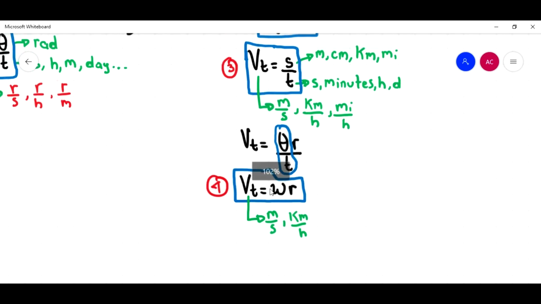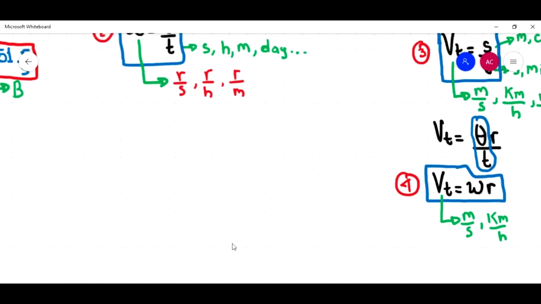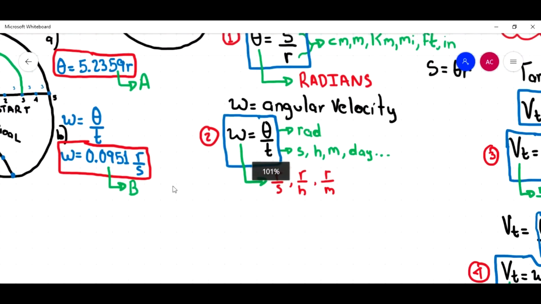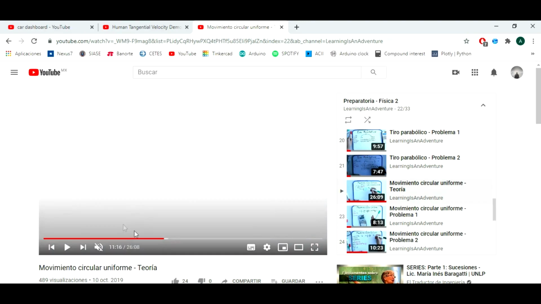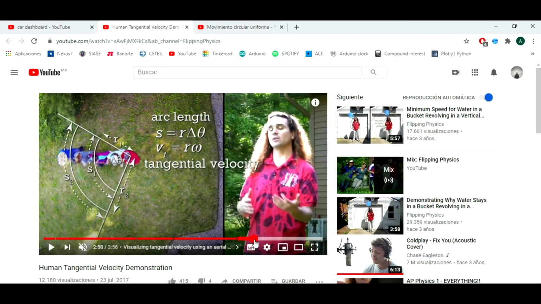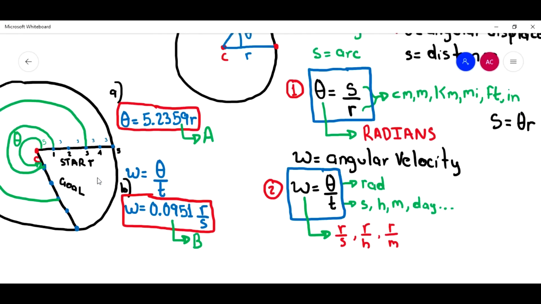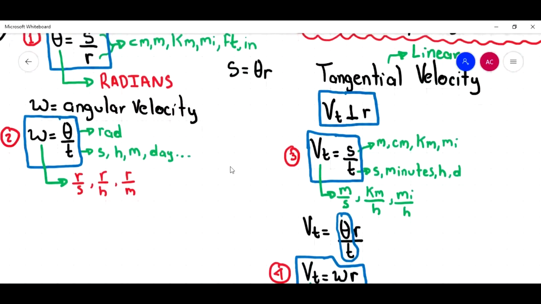With this equation, the tangential velocity is going to depend on the angular velocity. In this problem, we already got the angular velocity, which is going to be the same for each one of them, because all of them travel the same angle.